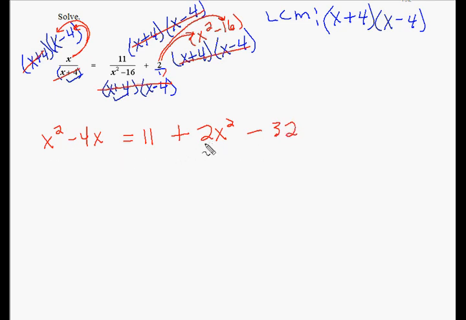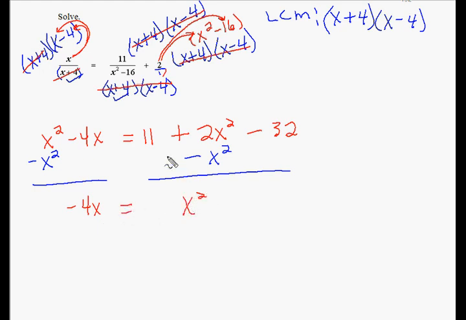Since we have the variable on both sides of the equation, we're going to try and get all of our x's together on one side. Let's see what happens there. We have a negative 4x is equal to an x squared, and let's put this 11 together with this 32 and have a negative 21.